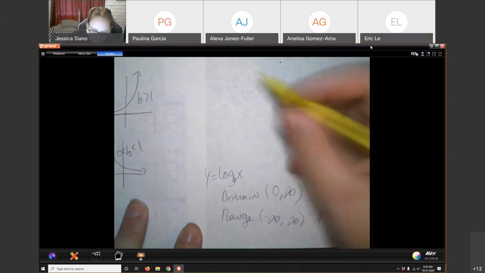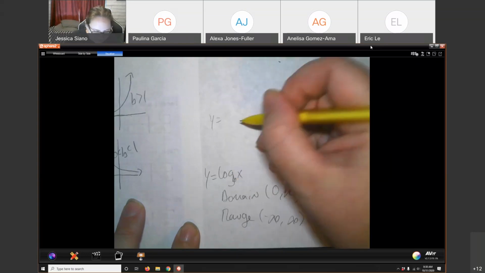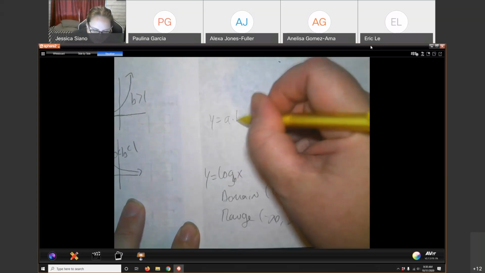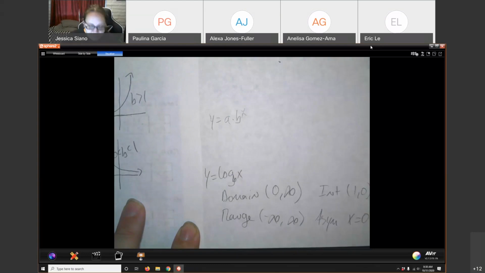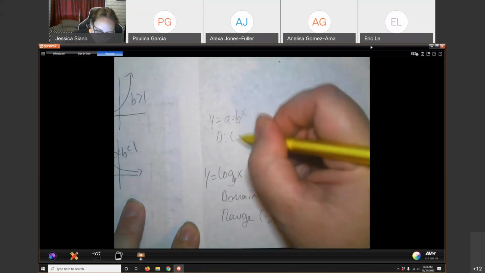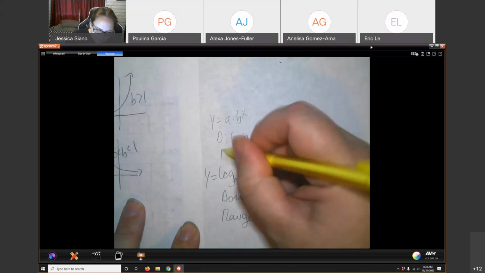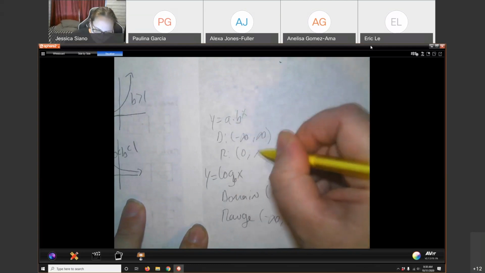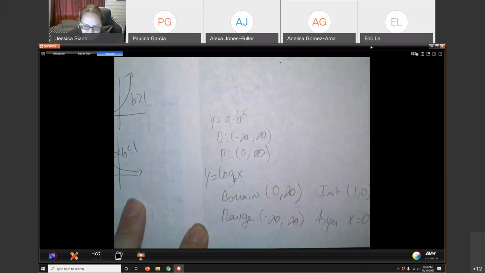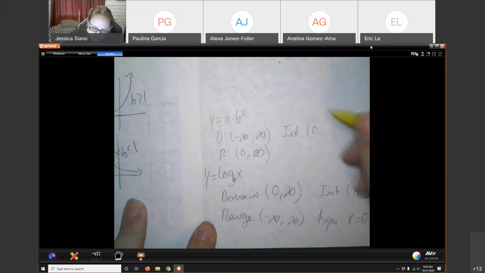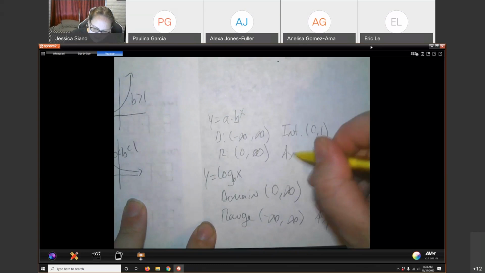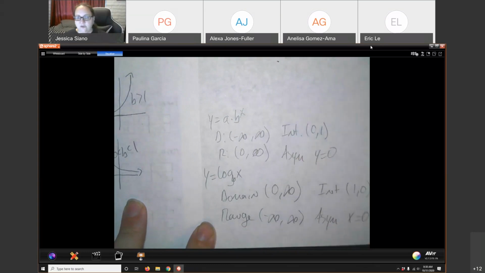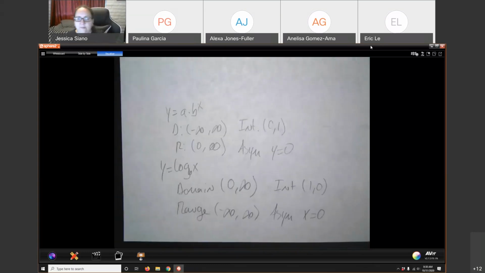The exponential graph, when I was talking about y equals a times b to the x, had a domain of all real numbers, a range of the positives, an intercept at 0, 1, and an asymptote at y equals 0. So you see how everything flipped around? That's because these two are inverses.